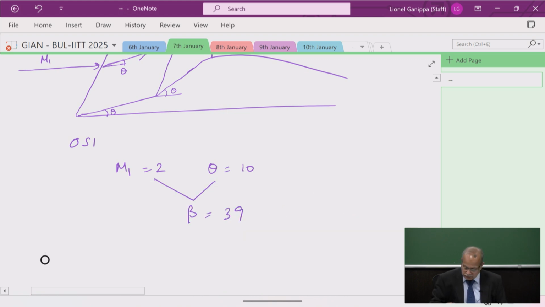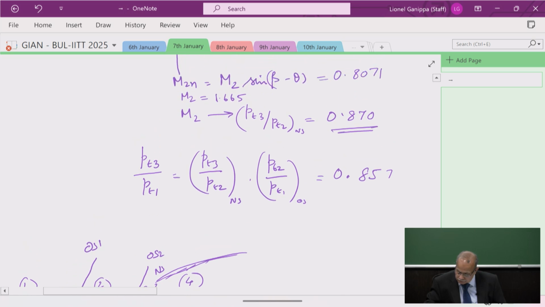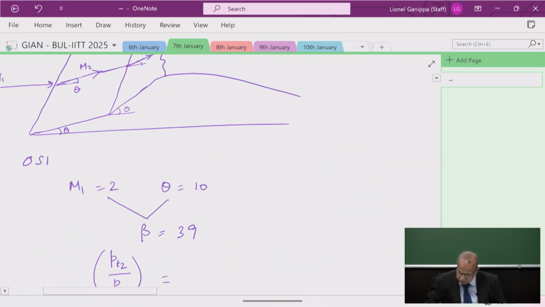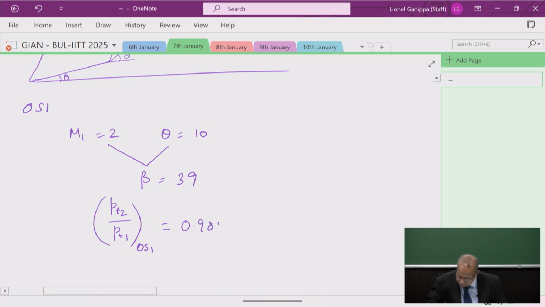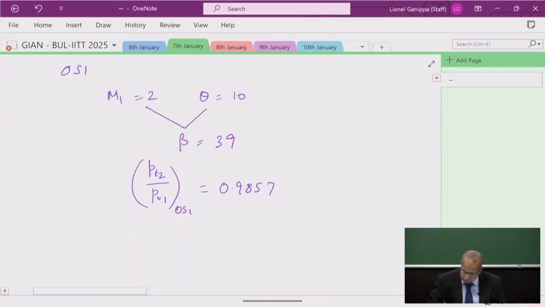So can we take it for granted that we have the value for PT2 by PT1 for oblique shock 1 as 0.9857, and because of this we have the M2 value. What's the value for M2 you got? 1.66. Now this is having an angle theta as 10.